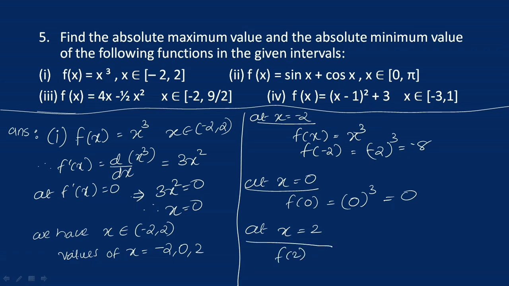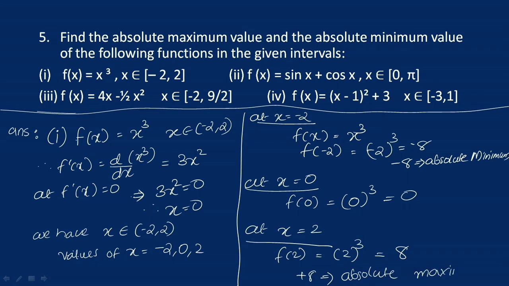And at x = 2, f(2) = 2³, that is 8. So from these we can write at -8 we have the absolute minimum. It is the least value, given at x = -2. And at x = 2 we have 8 and it is the maximum value we have. So at 8 we have the absolute maximum value.